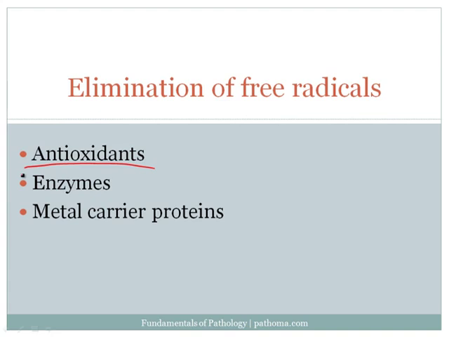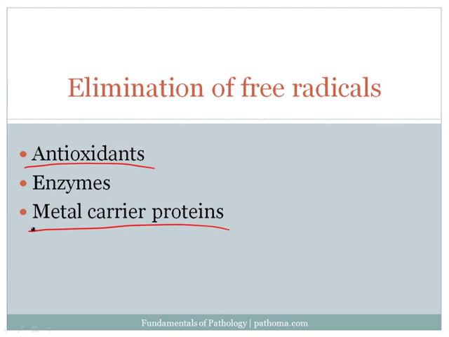Another important mechanism of elimination of free radicals, I'm going to skip here and go a little out of order, is metal carrier proteins. Metal carrier proteins are what I've already talked about. You know that copper and iron have the ability to create free radicals, iron in particular, by the Fenton reaction, and the generation of free radicals is a dangerous thing.